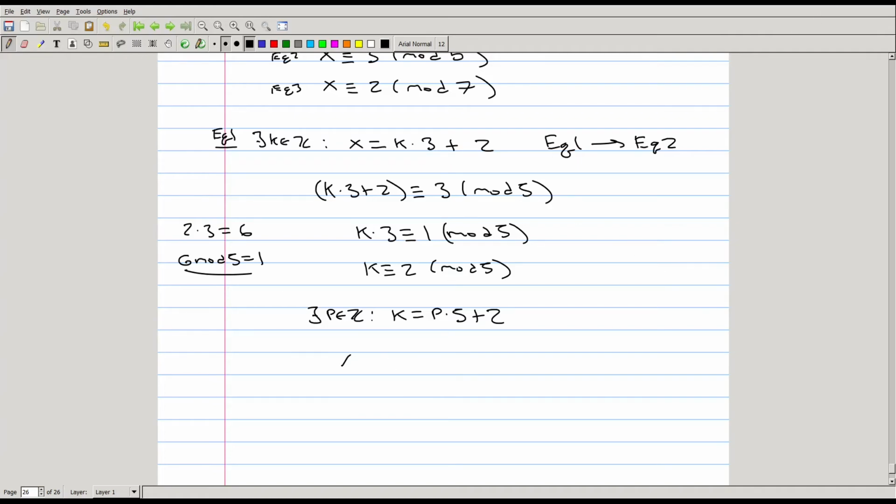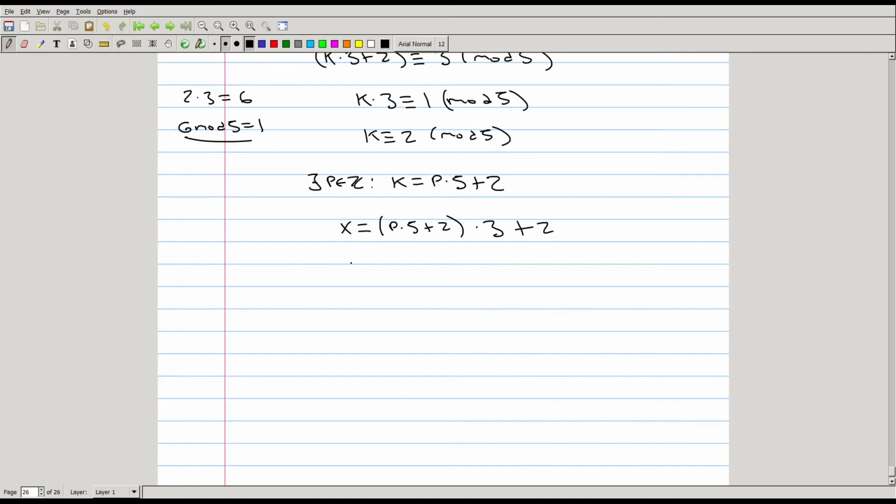We get that x is equal to p times 5 plus 2, times 3, plus 2, which is that x is equal to 15 times p plus 8.